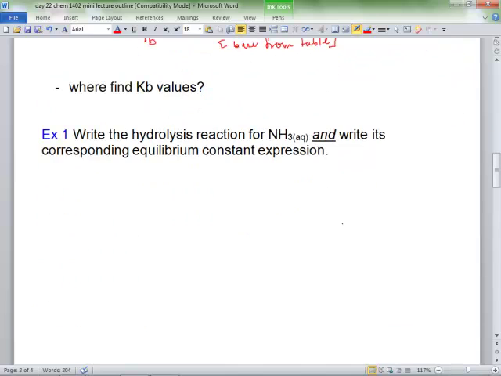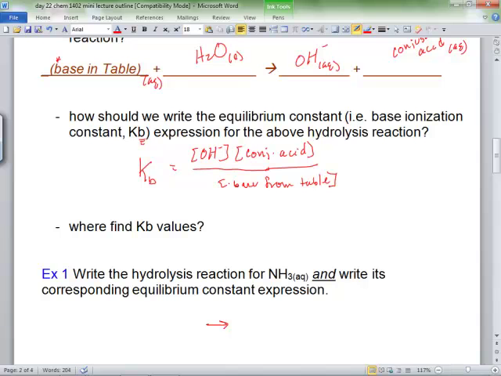Okay, let's write the hydrolysis reaction for ammonia and write its corresponding equilibrium constant expression. Okay. Gloriana, how would you do this? I'll give you the arrow. Show you the hint there. Exactly. It's got to be an H2O.